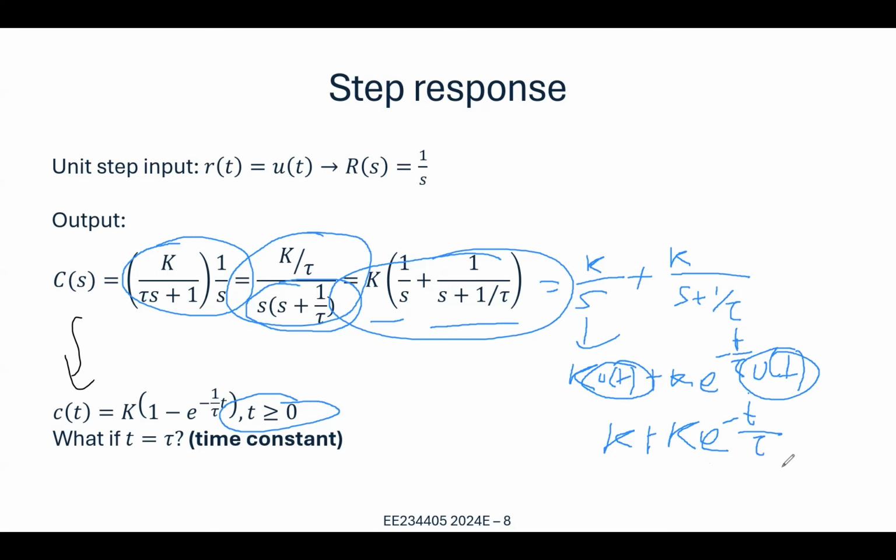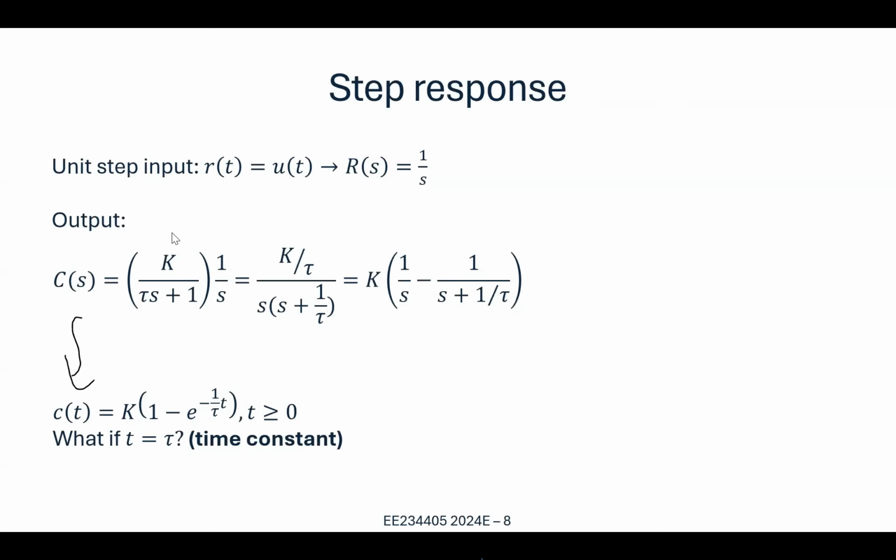And the important one here is what happens if t and tau are the same. Okay, it seems that we have some mistake here. Let me check. Okay, sorry, this one should be minus. So the next question is what happens if we have t equals tau?